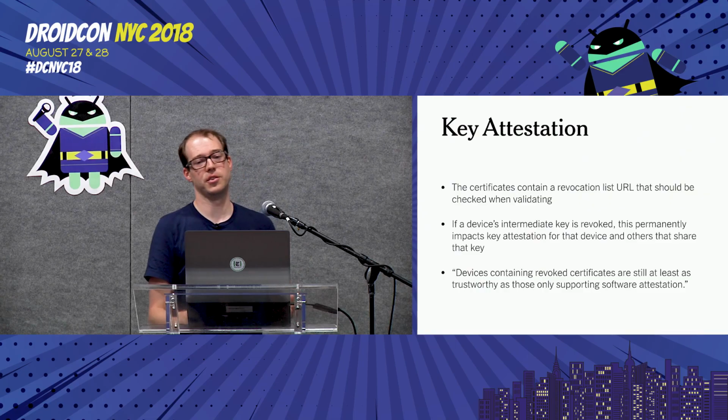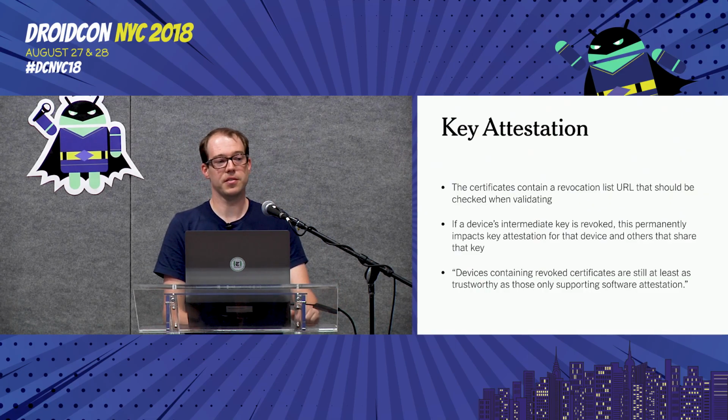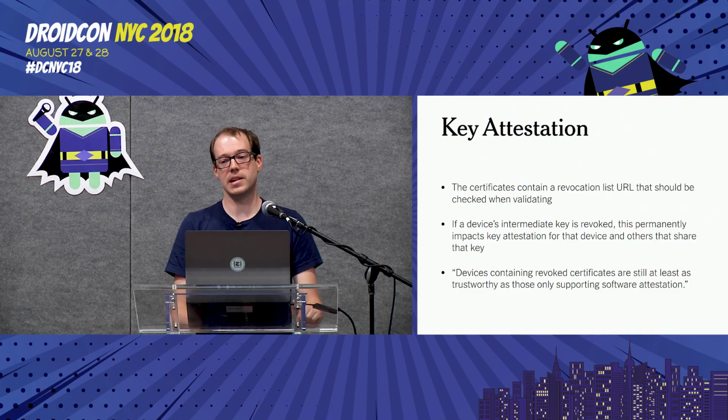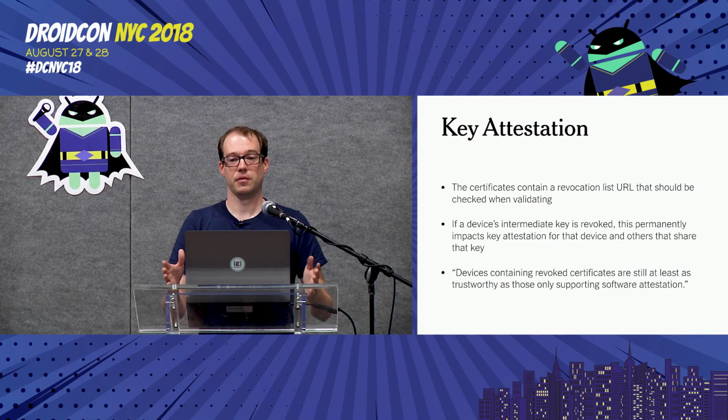And one thing they've also done is there's a minimum number of devices that can have a given intermediate key, because they don't want you to be able to identify an individual device based upon the certificate for that intermediate key. So I believe it's 10,000 devices is the minimum number of devices that can share one of these intermediate keys. So something getting revoked is going to affect potentially a large swath of devices.